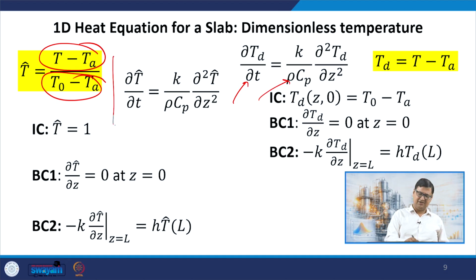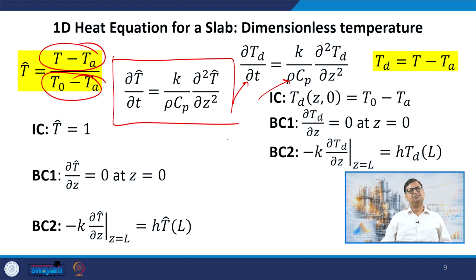So, pretty much I will get the same partial differential equation in terms of this dimensionless temperature. But the advantage is that the equation now looks much neater. For example, the initial condition, for t equal to 0 where T is equal to T naught, this T cap becomes equal to 1, right.